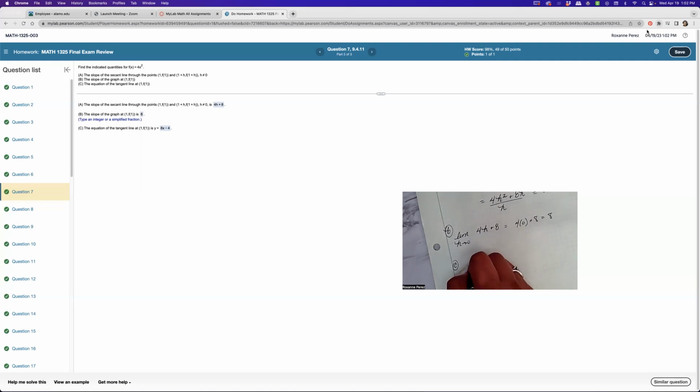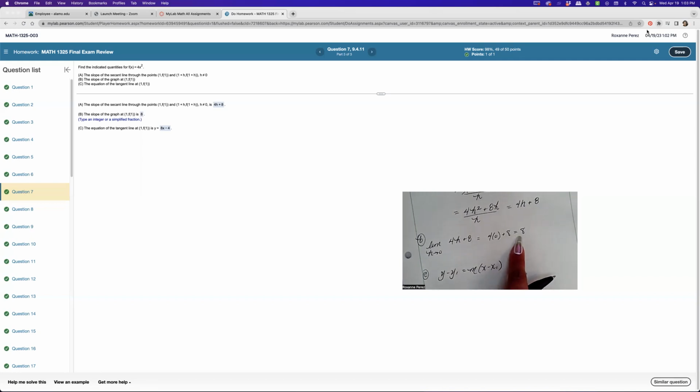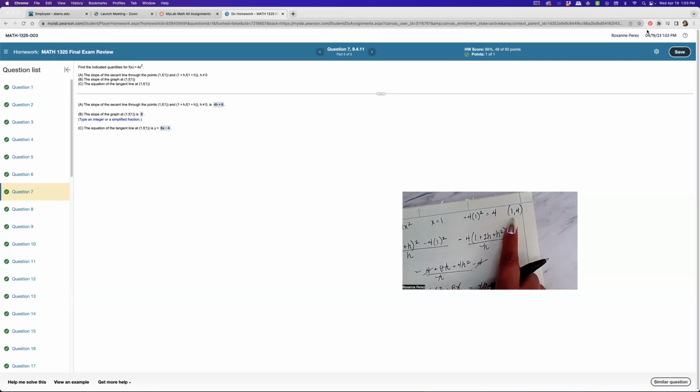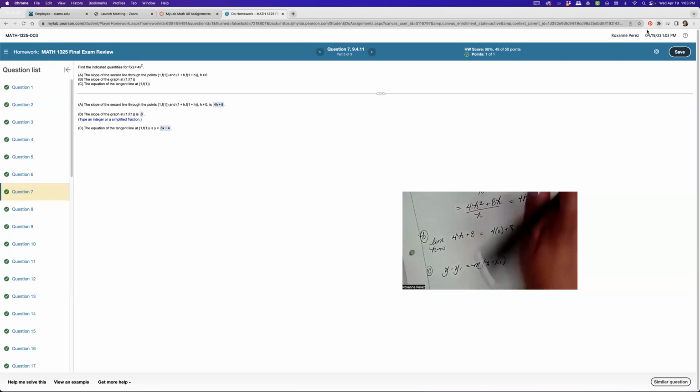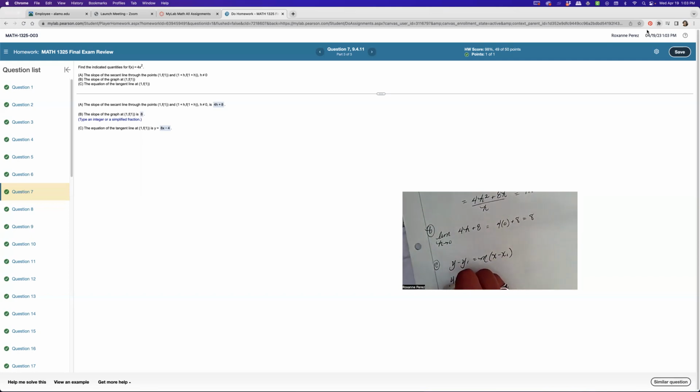So we want an equation of the tangent line. We know our equation is y minus y1 equals m times x minus x1. The slope that we're going to use is, of course, the slope that we calculated in part B, which is 8. Okay, and we're using our point 1, 4. So y minus 4 equals 8 times x minus 1.